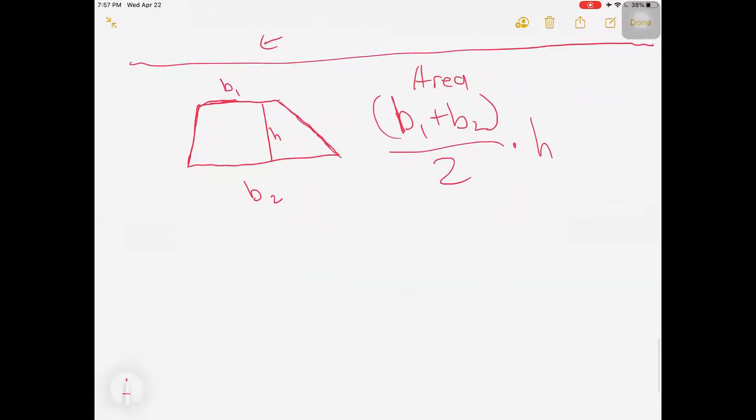So how we can prove this is we can imagine filling in these two triangles right here. What we're going to do is calculate the area of the entire rectangle and then subtract off the two triangles.